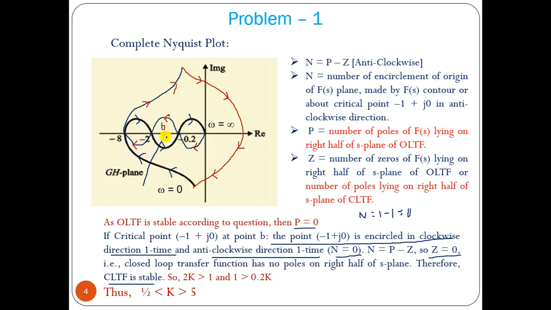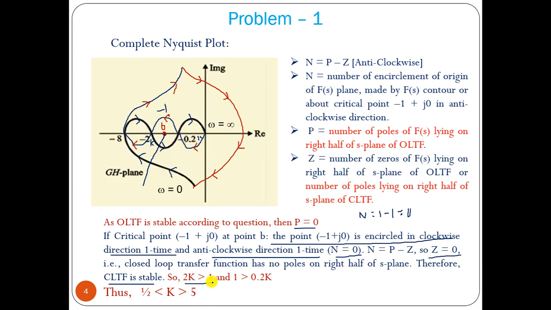Okay. What is the condition for that? If we consider this is minus 2k greater than minus 1, or 2k is greater than 1, right? 2k is greater than 1 and 0.2k is less than 1. If this B point is minus 1, then what you can write: 2k greater than 1 and 1 greater than 0.2k.